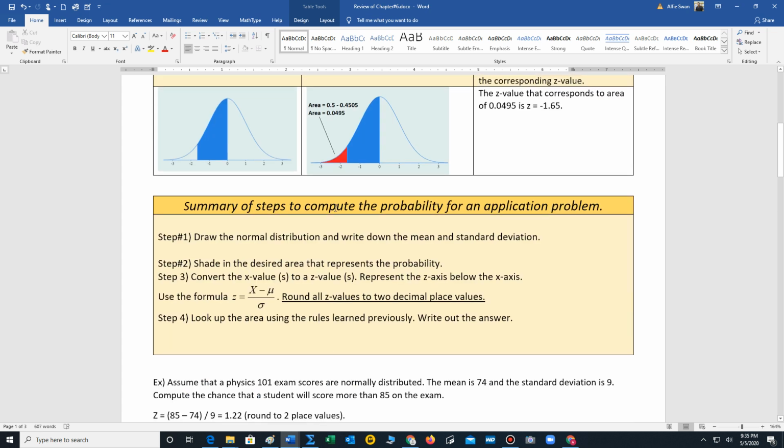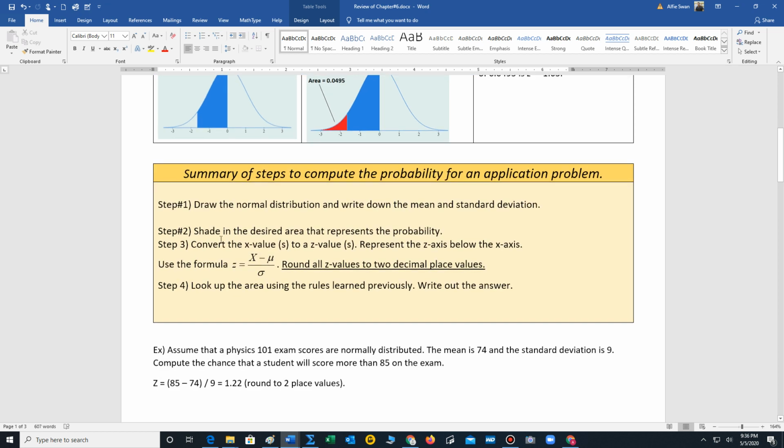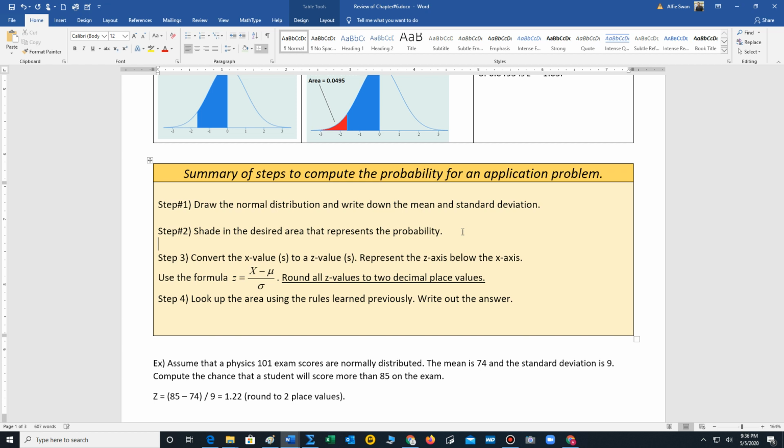Now in 6.2, that's where we start applying the normal distribution to problems involving probabilities. And there's a step-by-step process we follow. Step 1, we draw the normal distribution and write down the mean and standard deviation. Step 2, we shade in the desired area that represents the probability, because now the areas represent probabilities.